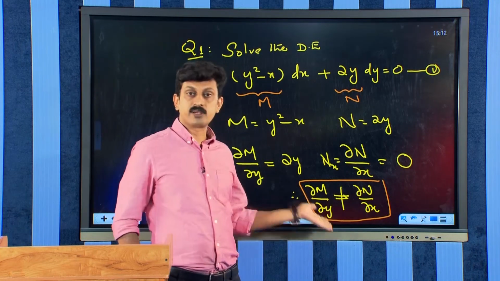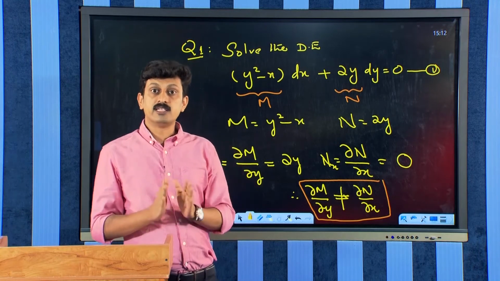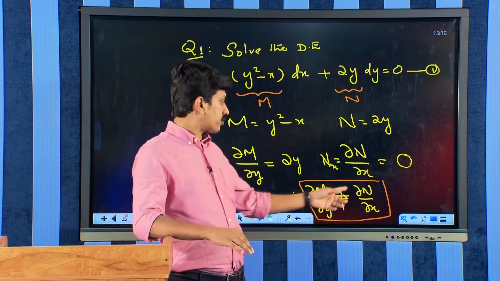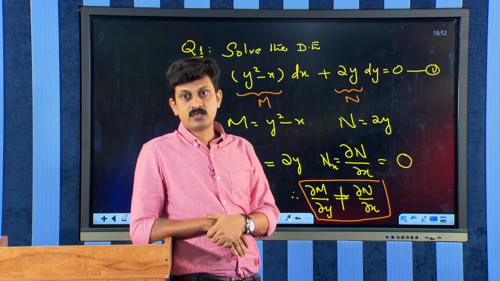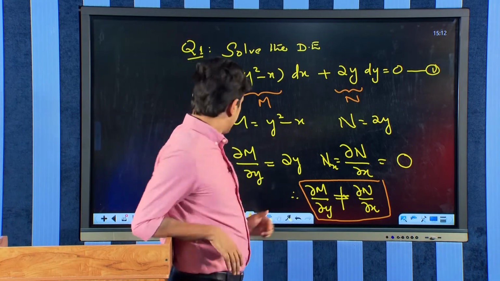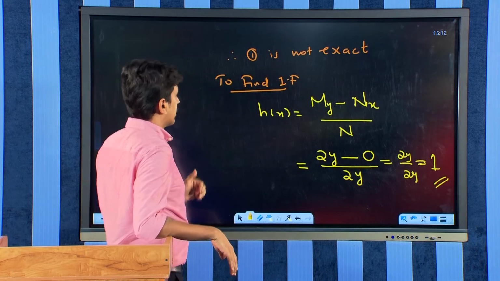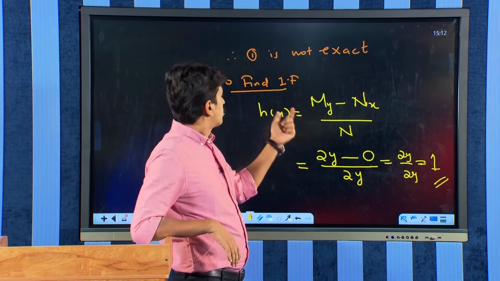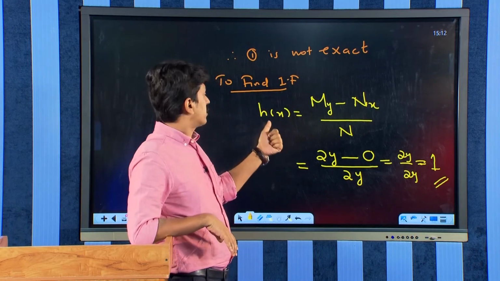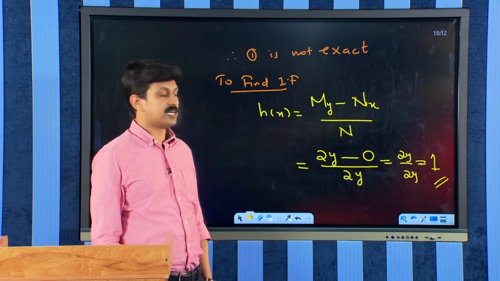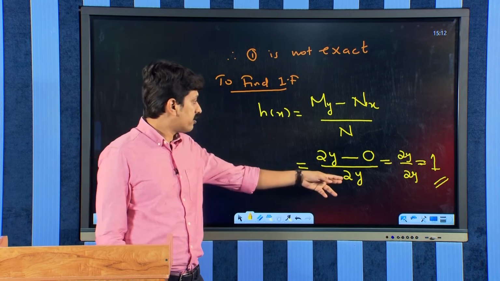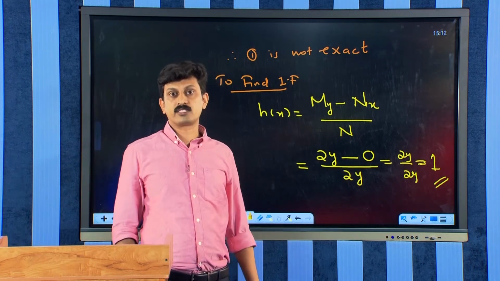From here we understood that they are not equal, that is My is not equal to Nx, which means the differential equation is not exact. So, we have to find the integrating factor. For finding the integrating factor we have the formula h of x is equal to (My minus Nx) divided by N. While evaluating that, we got h of x is equal to 1.